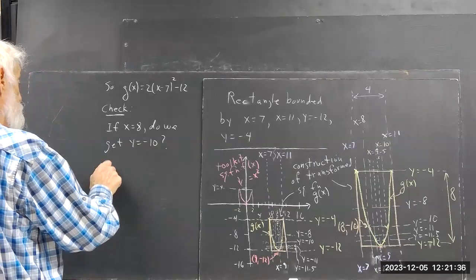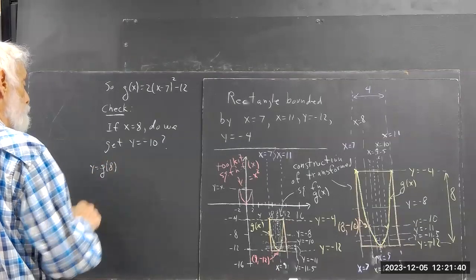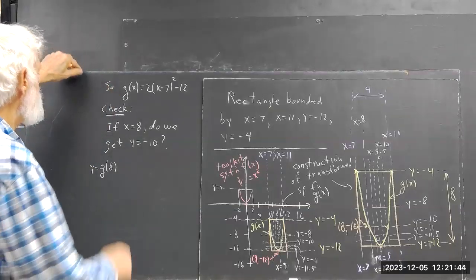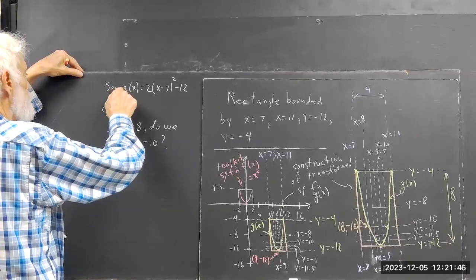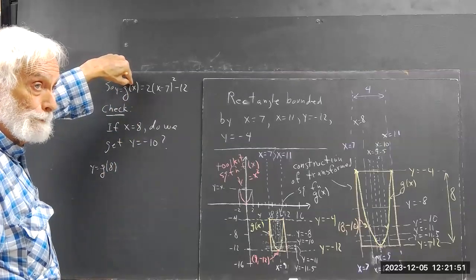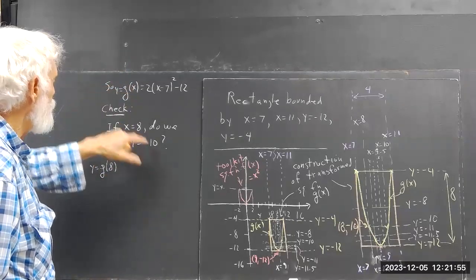Well, let's see, g of 8. We can put y equals for any function, right? So y equals g of x. If x is 8, what's y?